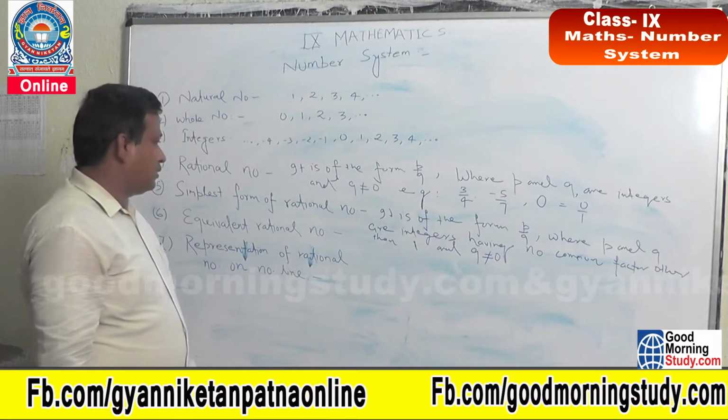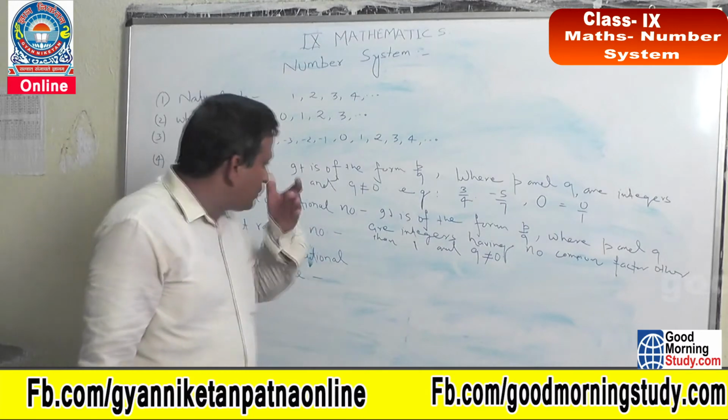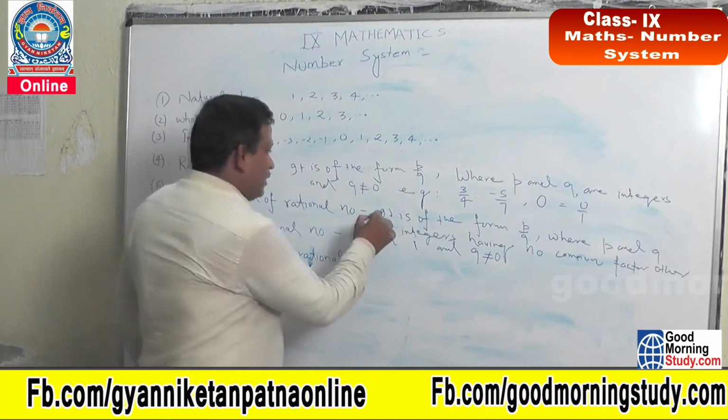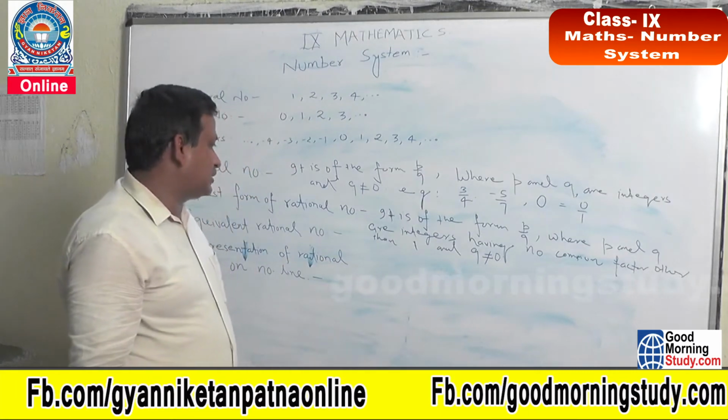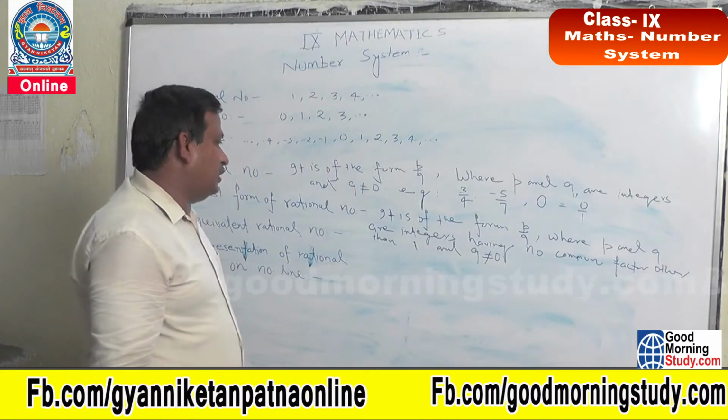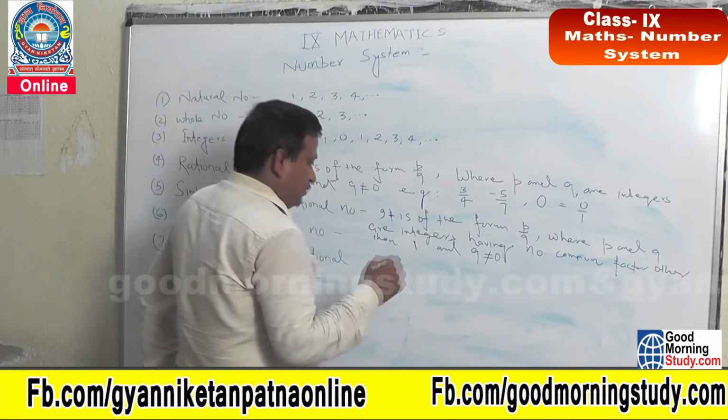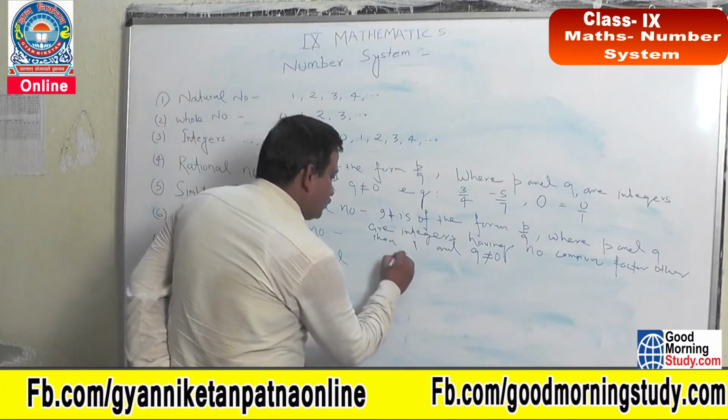Once more I am explaining to you. It is of the form p by q, where p and q are integers having no common factor other than 1, and q is not equal to 0. I am explaining a few examples.